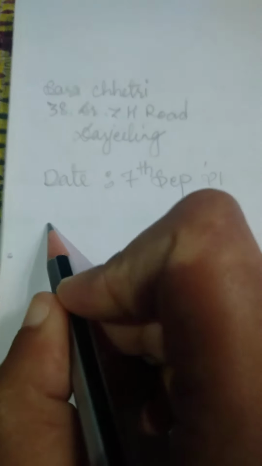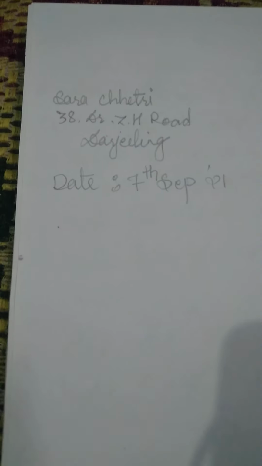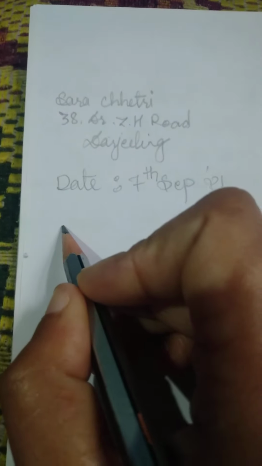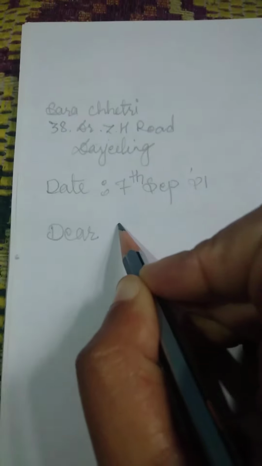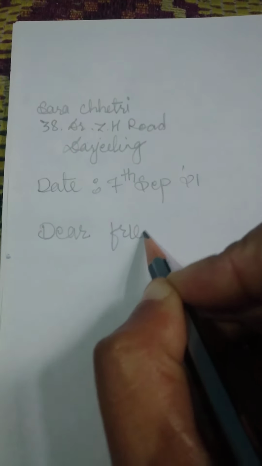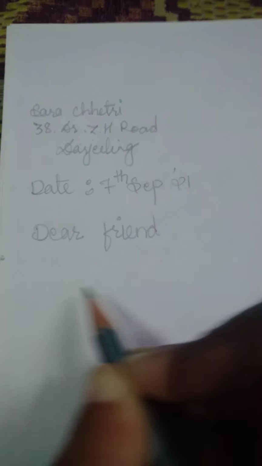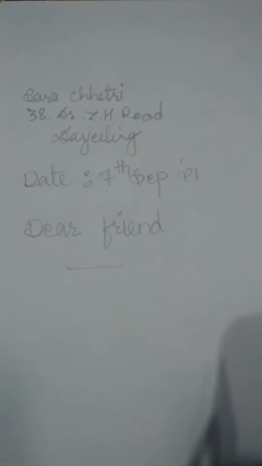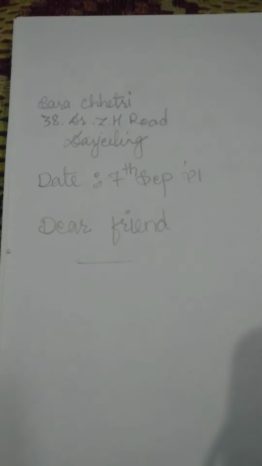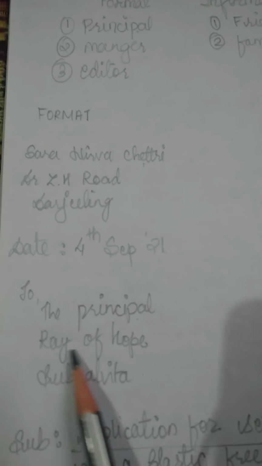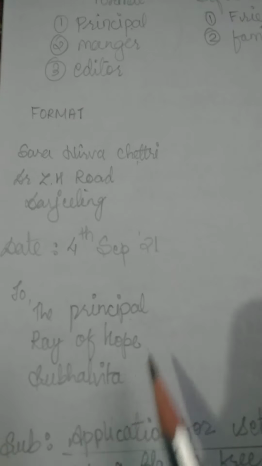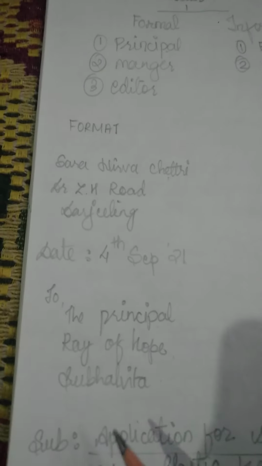After the date, you have to write the salutation directly. Salutation means whom you are writing the letter to. That means dear, D E A R, dear friend, the name of your friend over here. Understood? In a formal letter, you wrote to the principal and the whole address of the receiver, right?